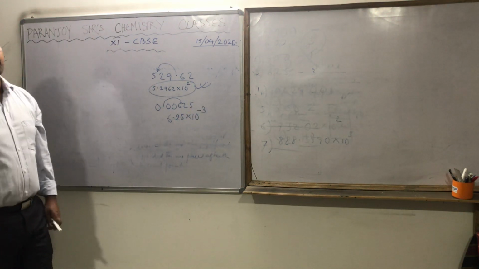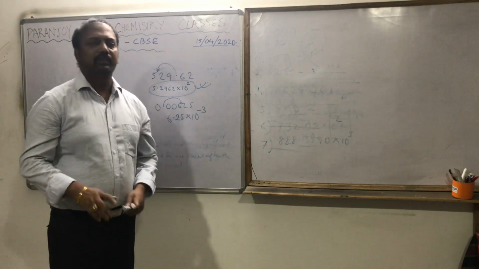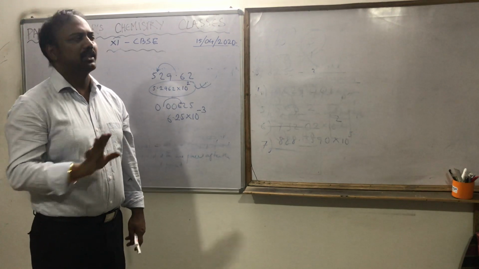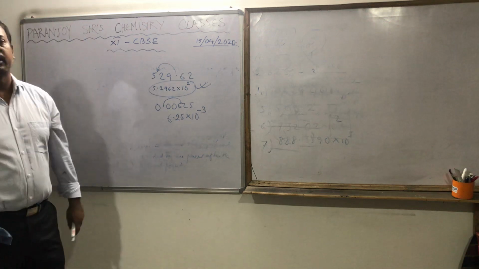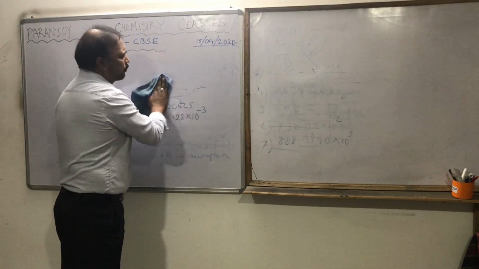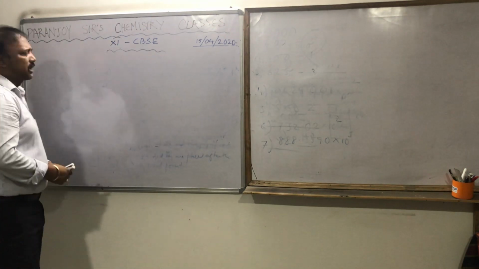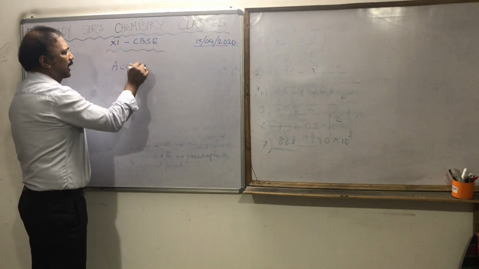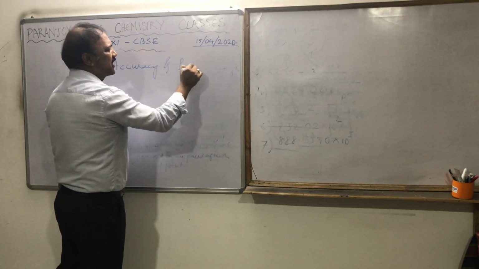So that's how we represent any number in a scientific way. Clear? So scientific notation of a number is clear. So any number given to you and you are told to represent it by scientific notation, you can do it very, very easily. Right? The next thing we are going to do is two terms. We must understand these two terms. One is accuracy, and the second one is obviously precision.